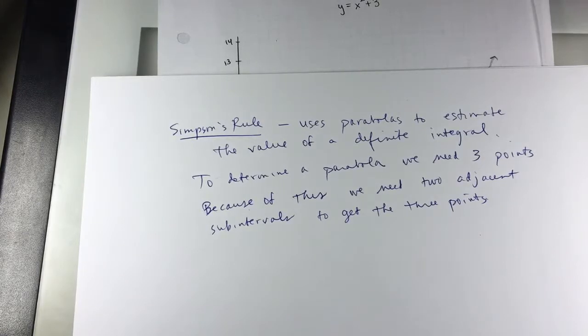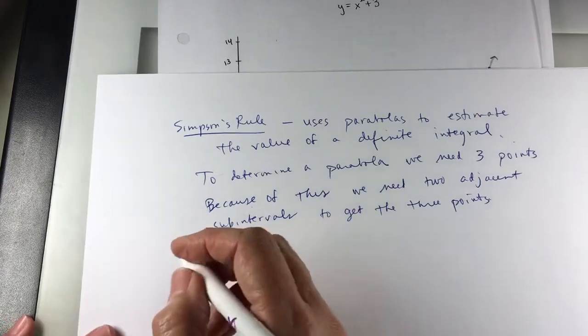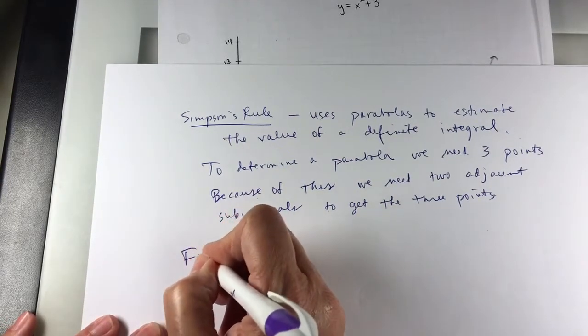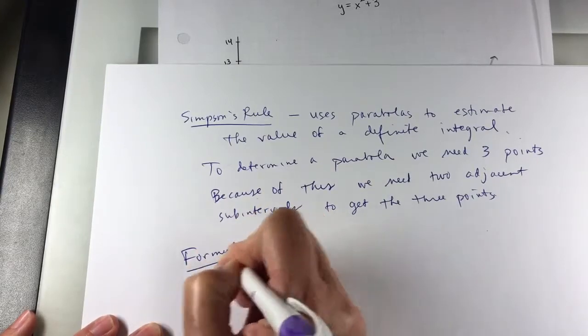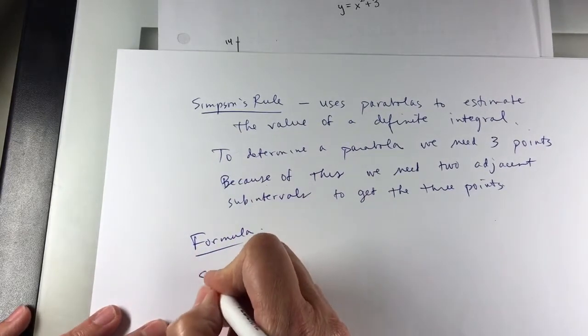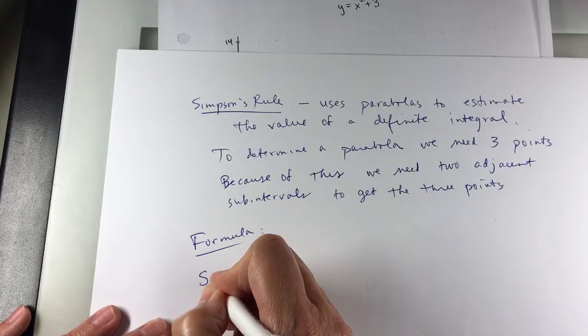They have in the book gone through explaining where the things come from on this formula. I'm just going to put the formula up here. This is for Simpson's, S sub n.